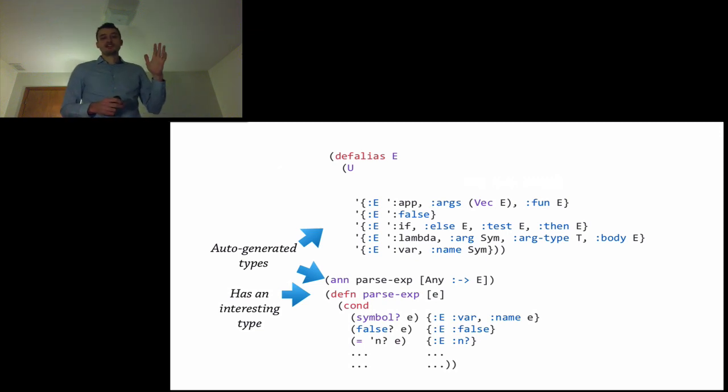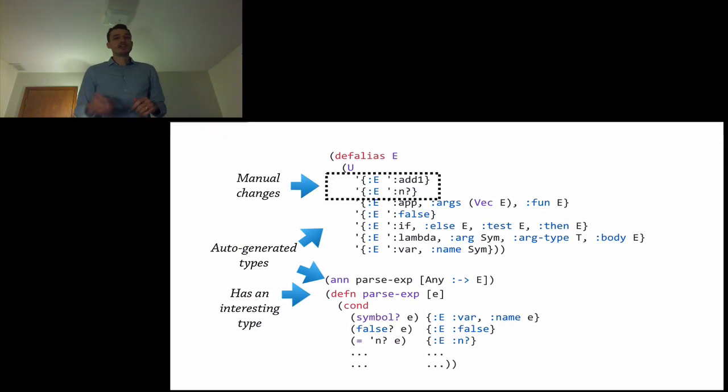So this top-level annotation for parse X that says any to E, E is actually used in many other annotations, which really helps because the manual changes needed were to add a couple of minor AST nodes that weren't covered in the tests. So I had to only add it once and for all because the global squashing basically reconciled the concept of an expression correctly based on its shape.